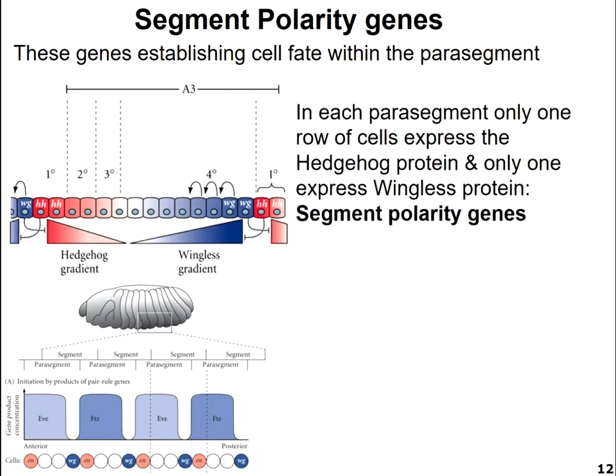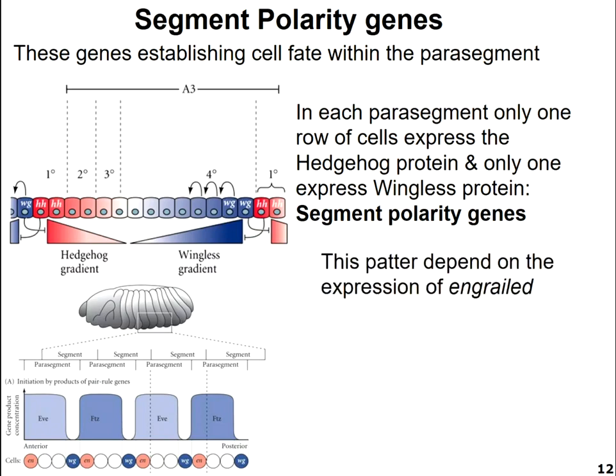So how are these two genes expressed within the cells in a parasegment? They are controlled by the expression of the pair rule genes. For example, engrailed is important. Engrailed is expressed in a more anterior position, while wingless is expressed in a more posterior position in the parasegment.